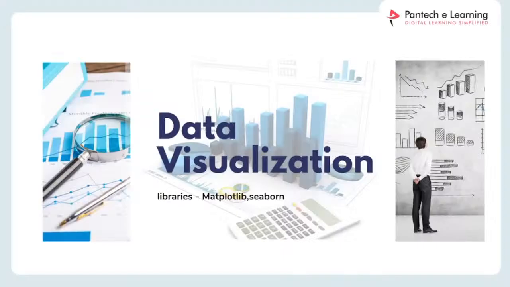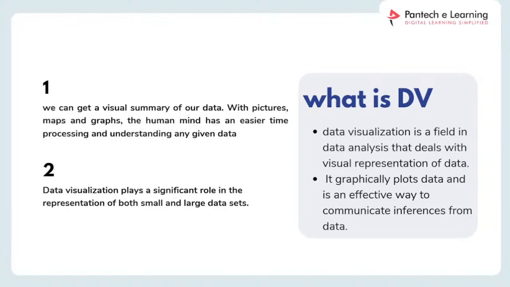First one, data visualization. We already discussed this common thing in Matplotlib yesterday. What is data visualization? It is the visual representation of data, used to communicate effectively with the data and the insights of the data.